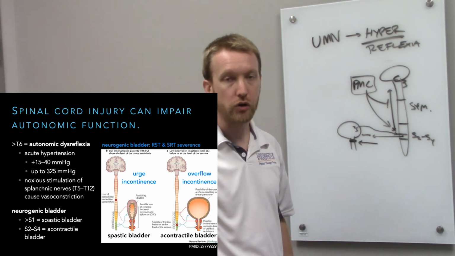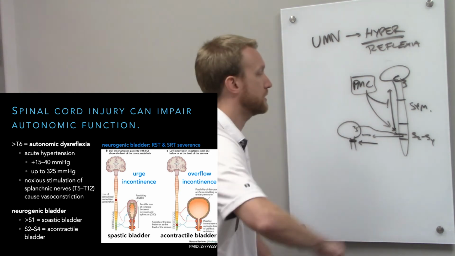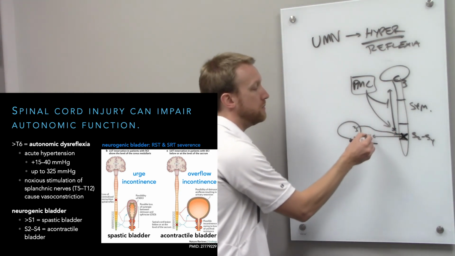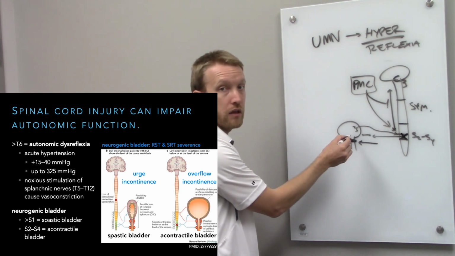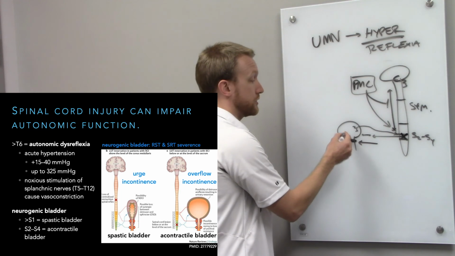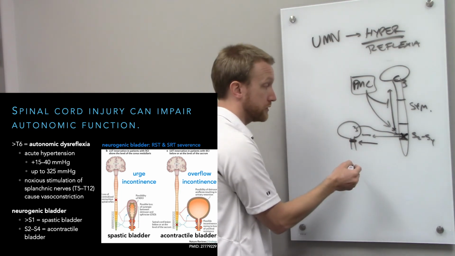So, spastic bladder. At the level of S2, S4, think of this as lower motor neuron type weakness. Now we can't stimulate contraction of the bladder. So you get a flaccid, kind of acontractile bladder that just fills and fills and fills until it overflows.